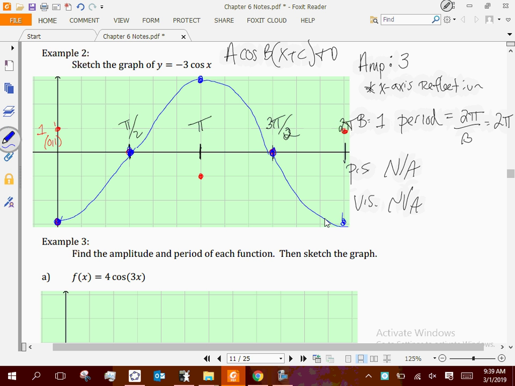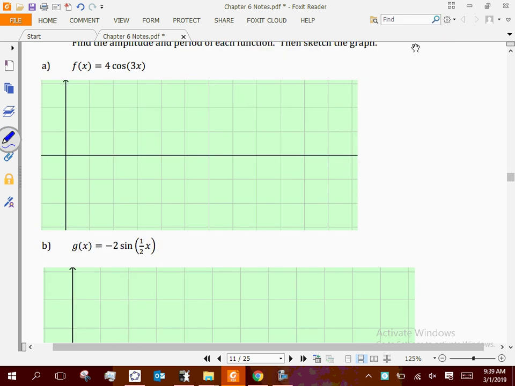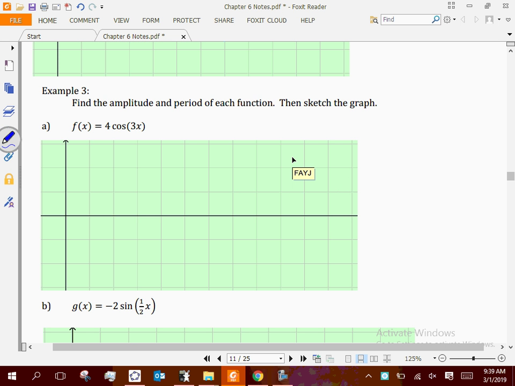4 cosine 3x. Now, here's my argument. Instead of doing 4 cosine 3x, let's do negative 4 cosine 3x.